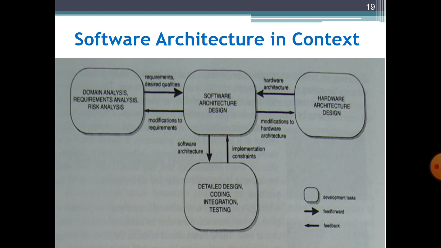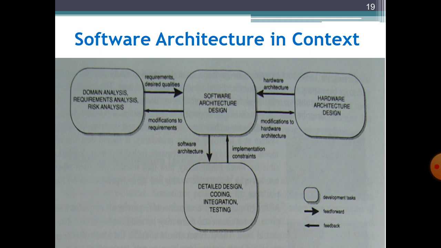If you see the most right bottom part of this slide, you can see the legend: the feed forward arrow, the feedback arrow, and the development task is represented by the rounded rectangle.